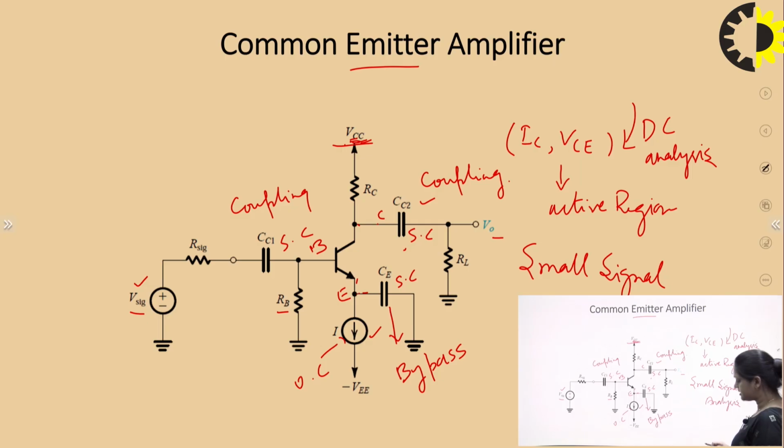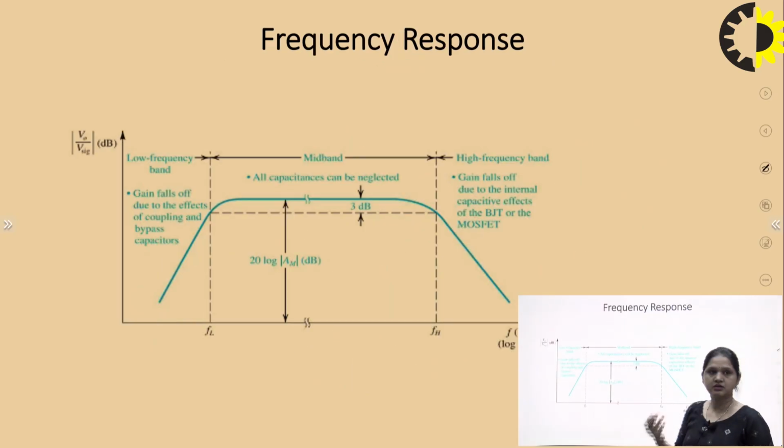So for this circuit, when we plot the frequency response of the common emitter amplifier, this is the graph. This is the frequency response of any amplifier, whether it is common emitter, common base or common collector.